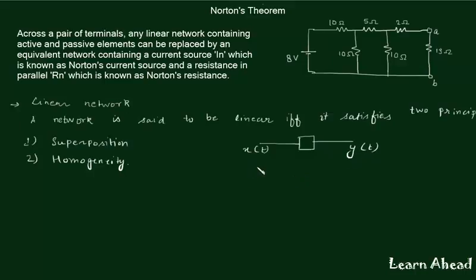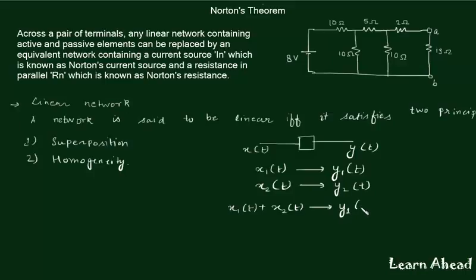To understand the superposition principle, let's consider a network to which, if an excitation x(t) is applied, it produces a response y(t). Now suppose a particular x1(t) is applied and it produces a response y1(t), and if another excitation x2(t) is applied, it produces a response y2(t). If this network follows the superposition principle, then if both excitations are applied simultaneously, the combined response should be equal to y1(t) plus y2(t).